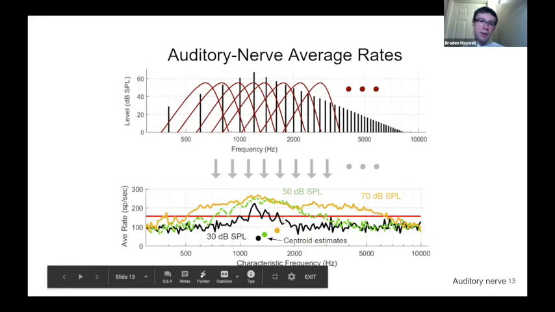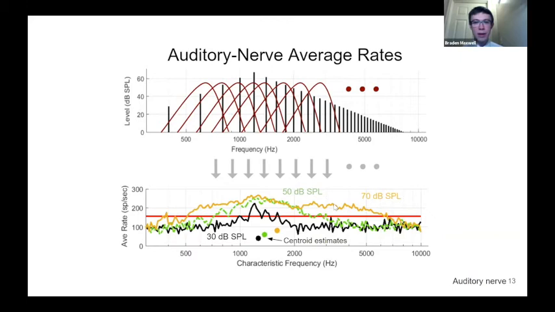However, as we go up to higher levels, like 70 dB SPL, the representation becomes very broad and really not a good representation at all. And this is one problem with rate coding, particularly in the auditory nerve.